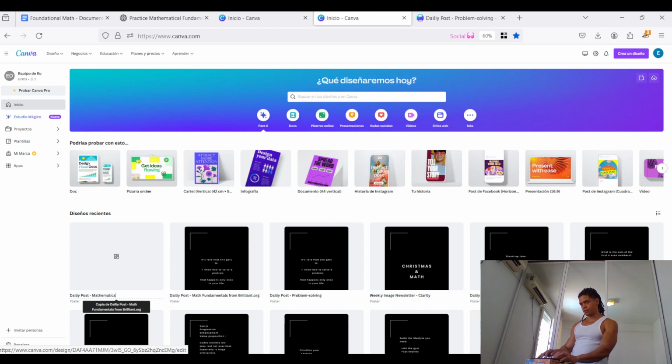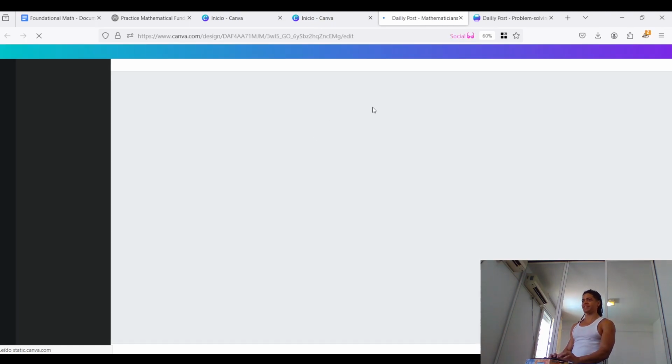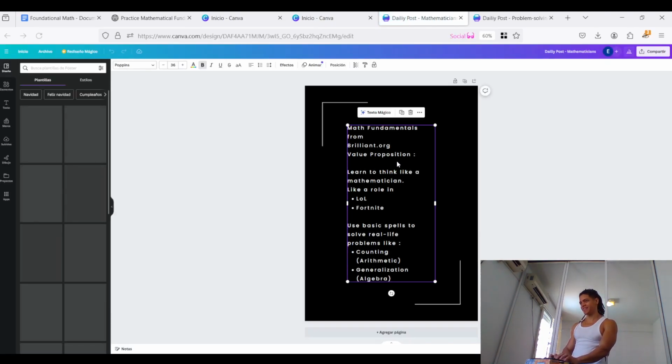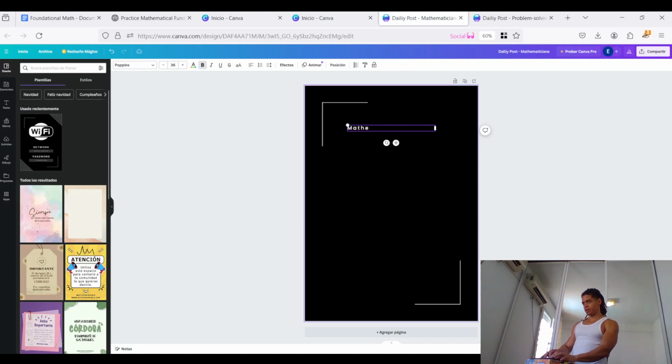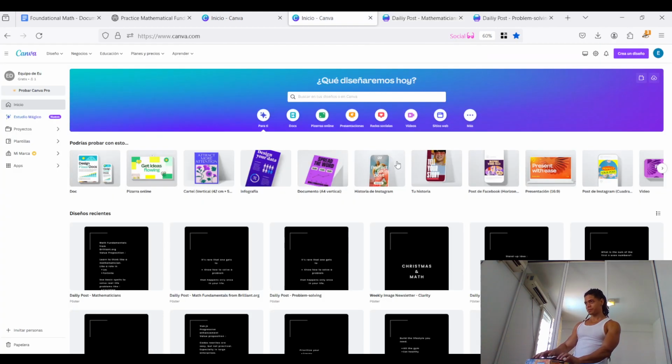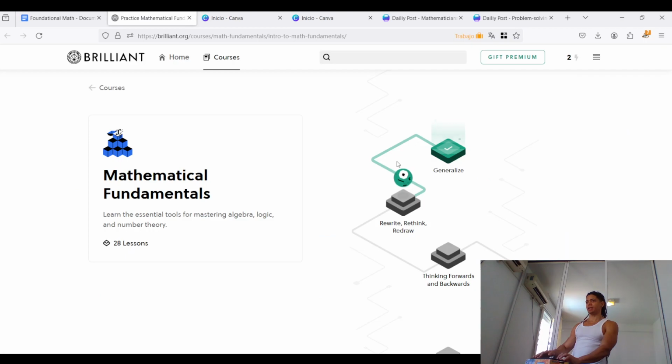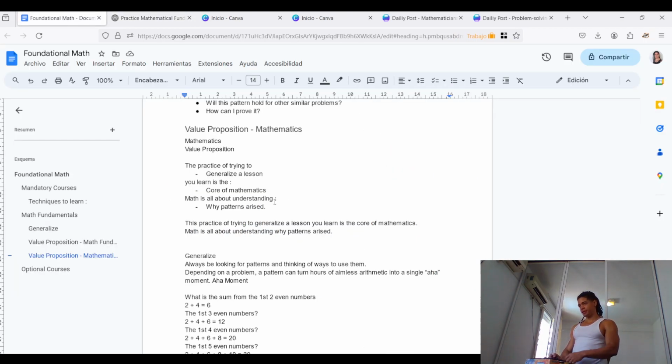So mathematics, a mathematician. Value proposition. Exactly. So math is all about understanding that the practice of trying to generalize a lesson you learn is the core of mathematics.